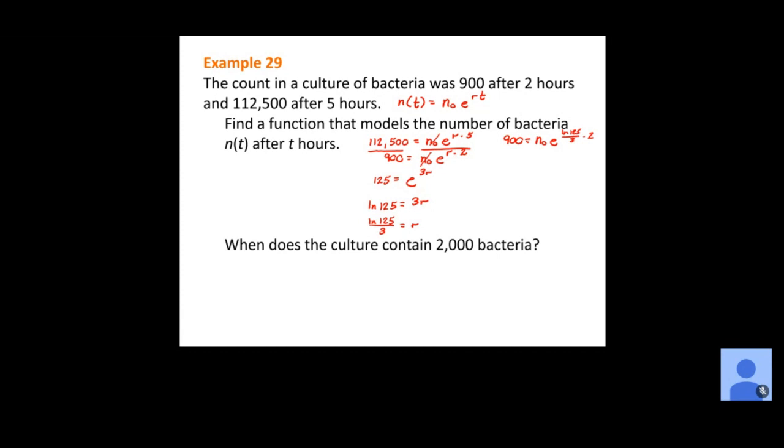We can actually put that into the calculator and then just divide 900 by all of that. 900 divided by e to the natural log 125 divided by 3 times 2. And when I do that, it gives me a nice answer of 36.